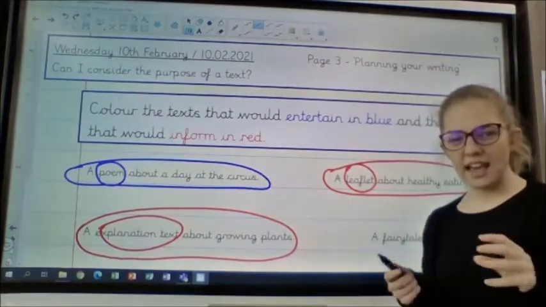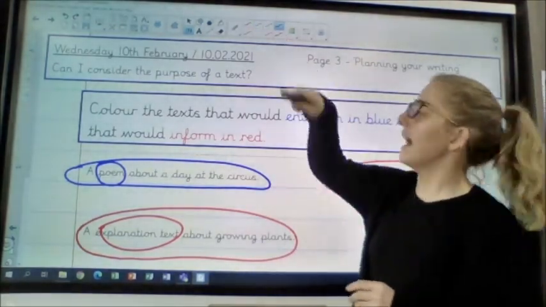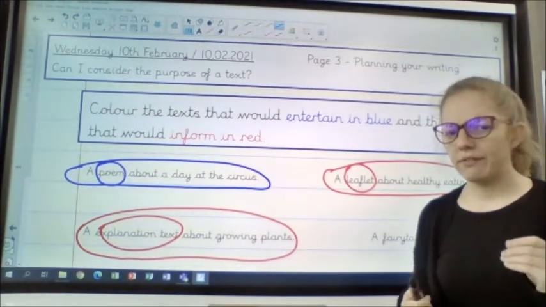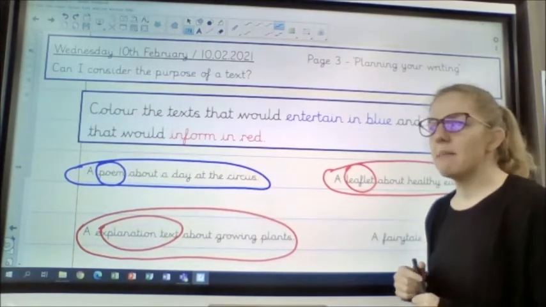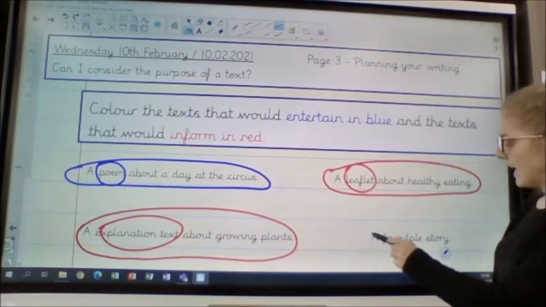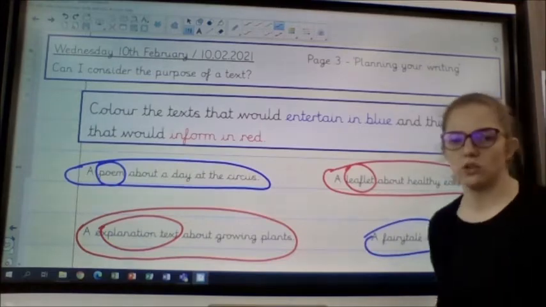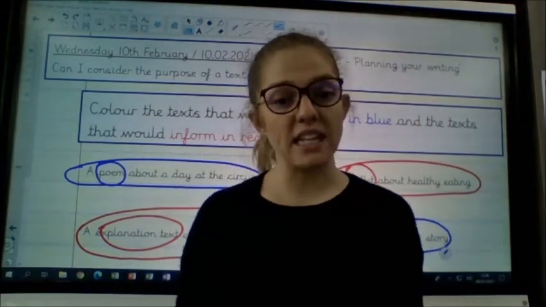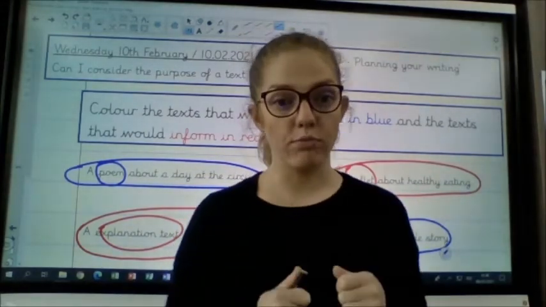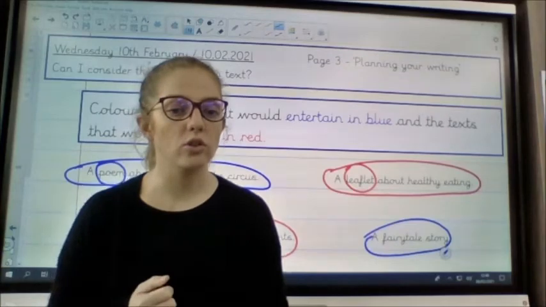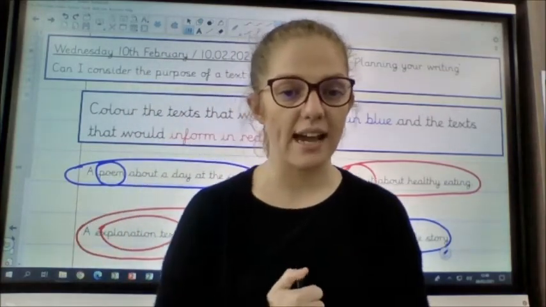Okay, so do you get the idea there about what's going on? So we've got a poem, a leaflet, and an explanation text. My last one is a fairy tale story. Now I know fairy tale story is fiction, and I like to read a lot of fiction because it makes me happy and it gives me something to do before I go to bed. So I would say that a fairy tale story is an entertaining piece of text.